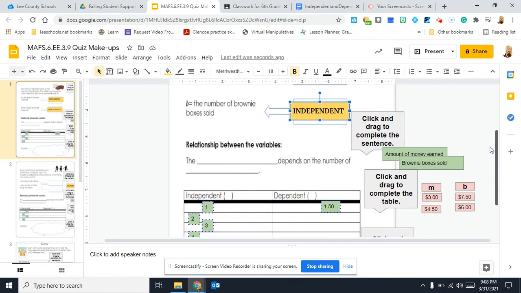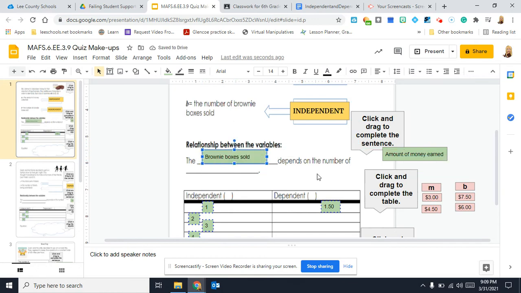The next section says the relationship between the variables. The blank depends on the number of blank. So here, over to the side, you can see that you're clicking and dragging to complete the sentence, and I have 2 green boxes that I'm choosing from. So I can click and drag or move them and read the sentence and see if it makes sense.